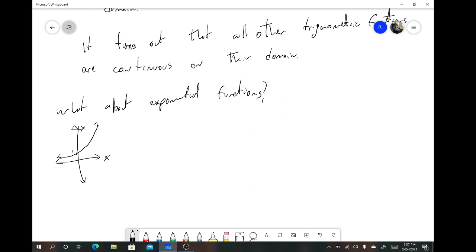At 0 you get 1, and it grows very quickly. That also is how the graph of b to the x looks as well. It looks very similar. This is y equals b to the x. This is also an exponential function.